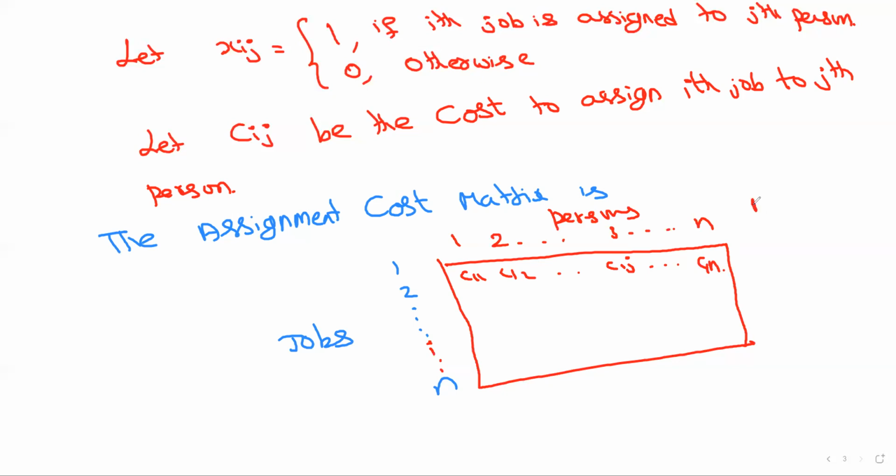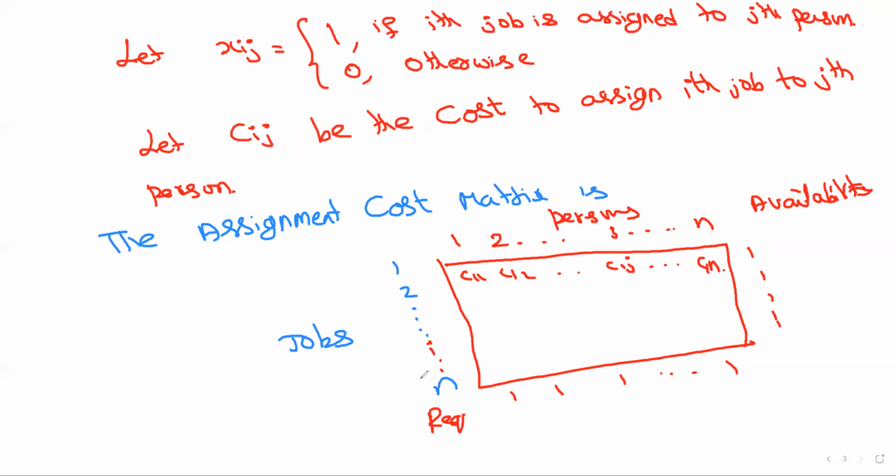And here availabilities will be there. The ith job is only one job, and this job has to be given to only one person. So how much is the availability? One. And the requirement is also one person only. So this is the cost matrix.